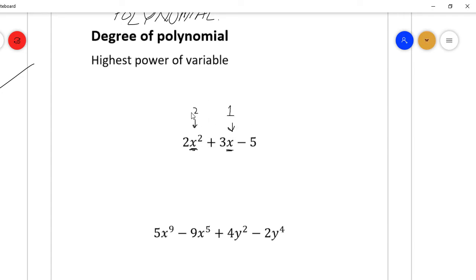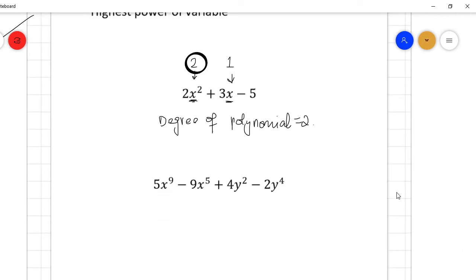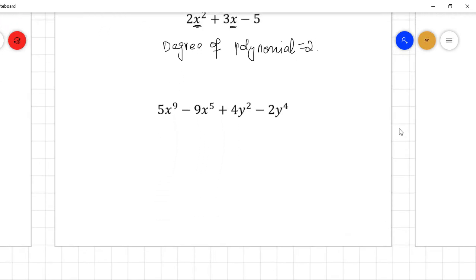So which one is greater? 2. So the degree of this polynomial is 2.